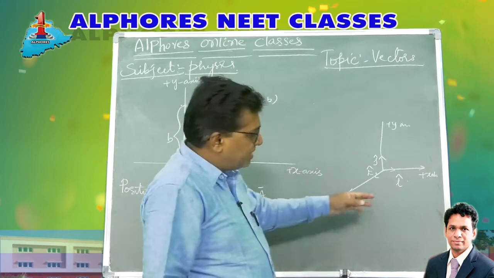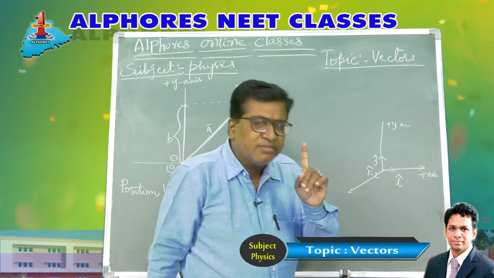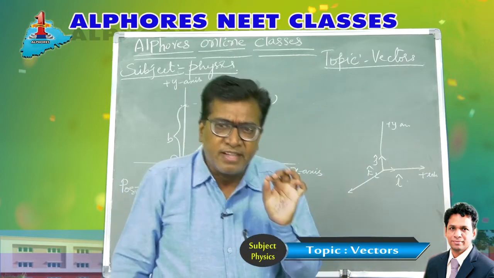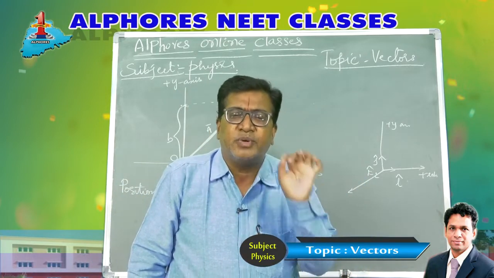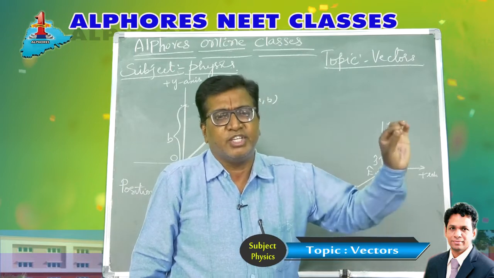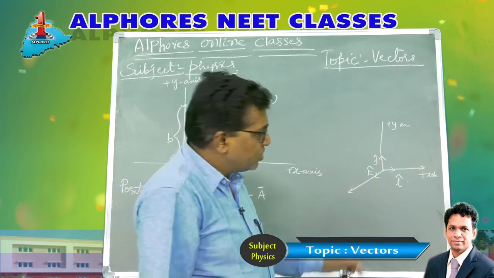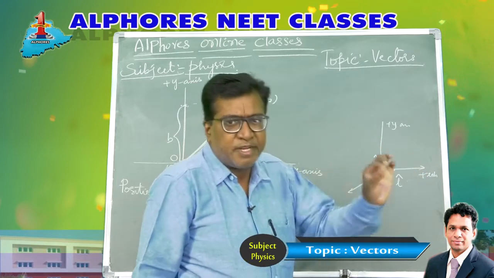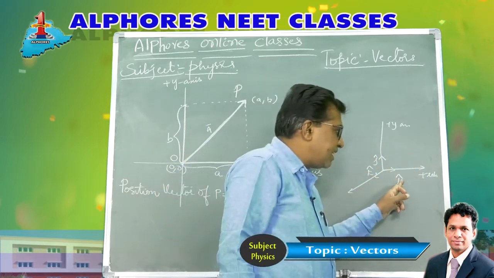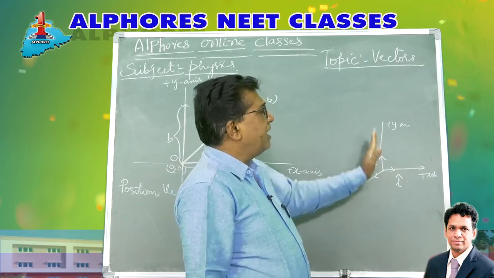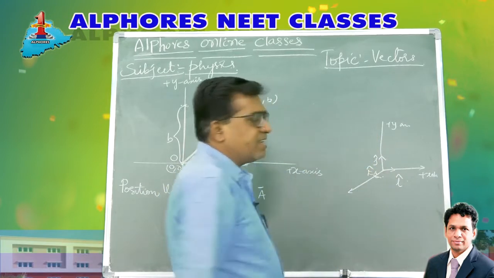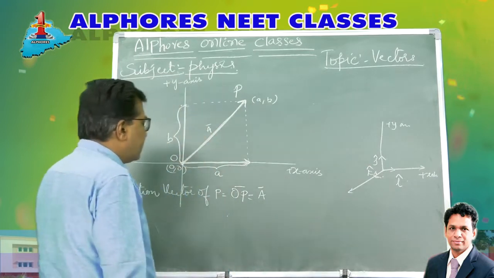A vector which has 1 unit magnitude and a specified direction is called a unit vector, right? Along the x direction it is i cap, along y it is j cap, and along z it is k cap. Like this, he has imagined the three unit vectors.